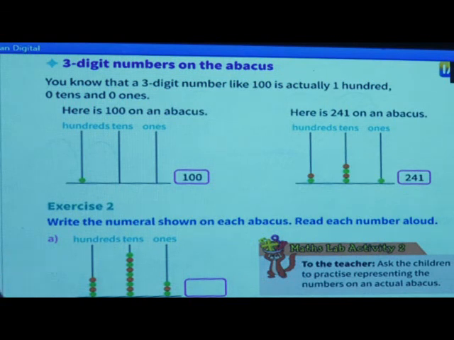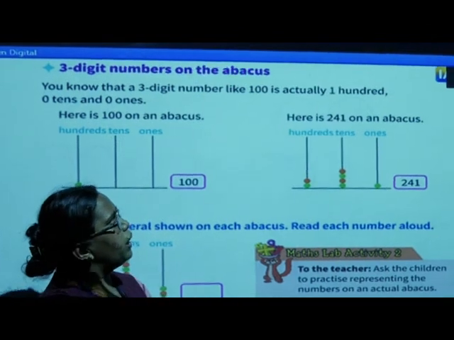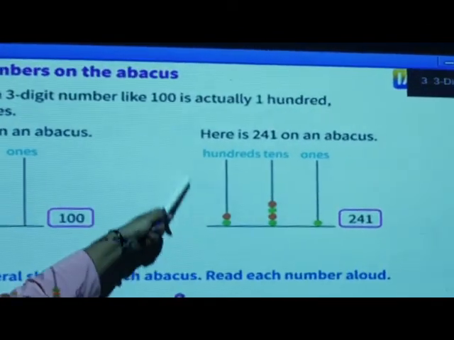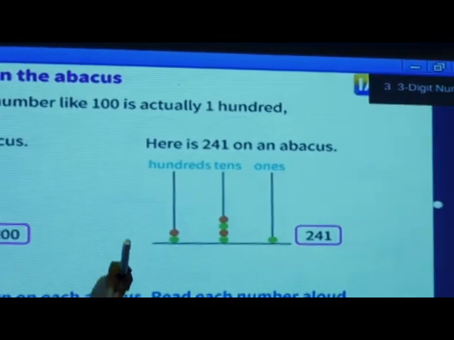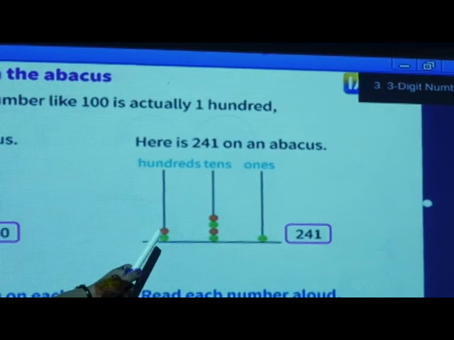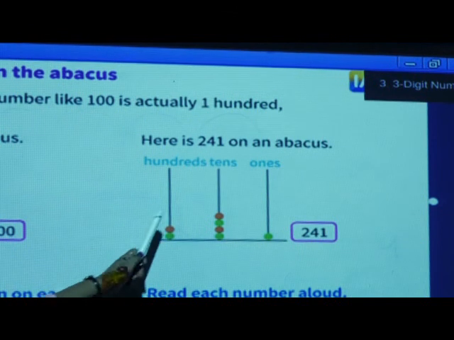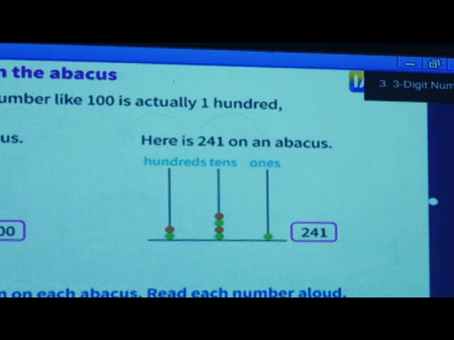Okay, now see the next one. Here is 241 on an abacus. Now you want to show 241 on the abacus. In the hundreds column, how many beads are there? Come on, count with me, children. Yes, 1, 2. Good. Then in the tens column, 1, 2, 3, 4. How many? 4.